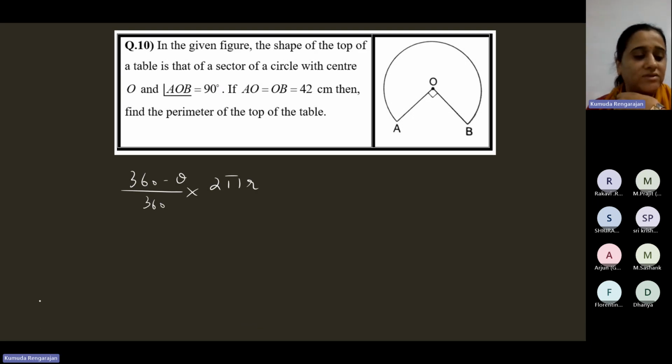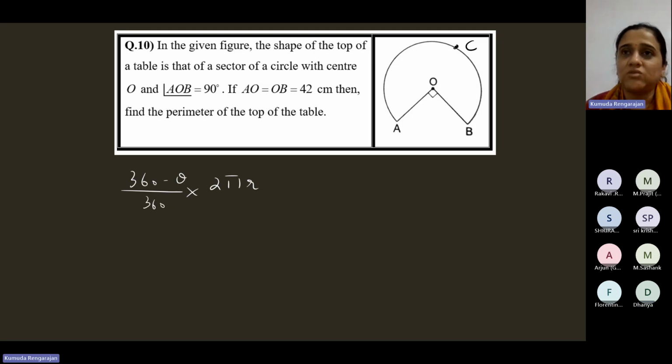Let me mark this point as C. Now this will give you the length of which one? Arc, ma'am, major arc. Yes, it will give you the length of the major arc. Name the major arc. ACB. Very good.